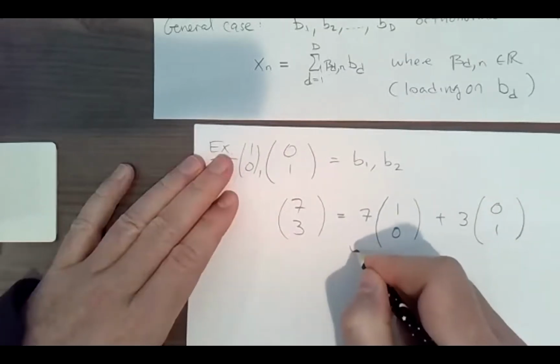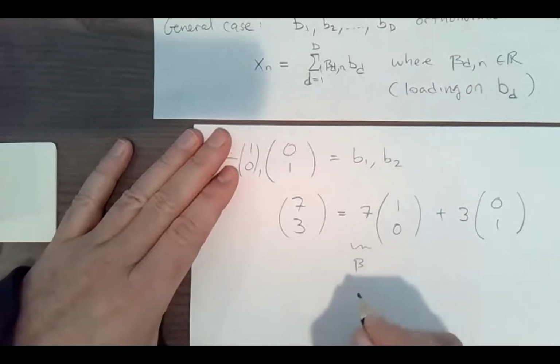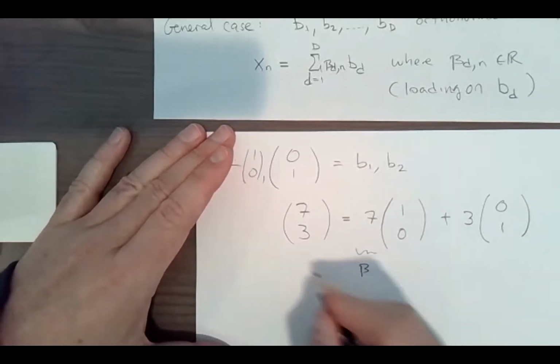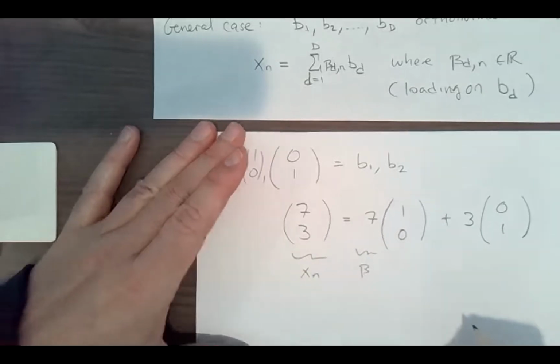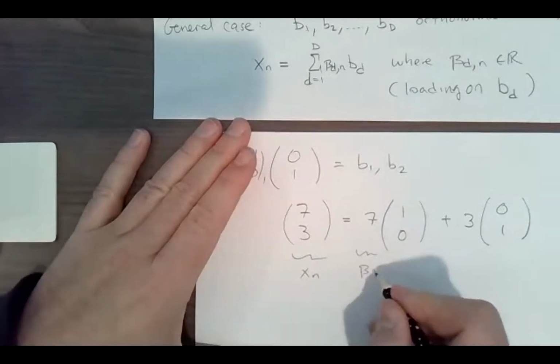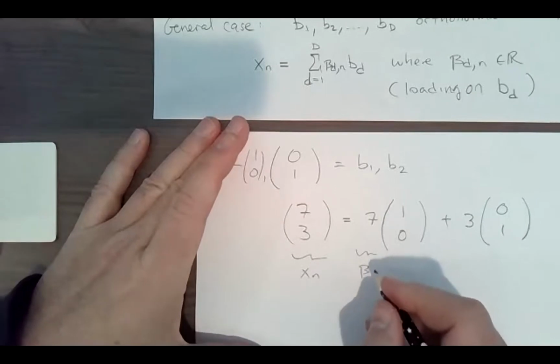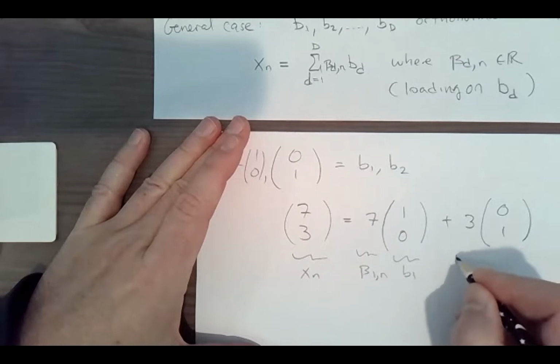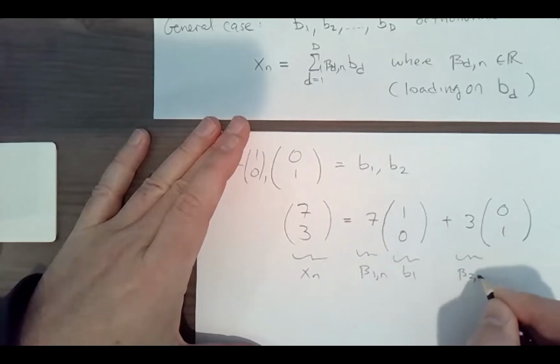So this here would be my B1 and B2. This is my x_n. Then this is my beta 1n, times B1, and this is my beta 2n, times B2.